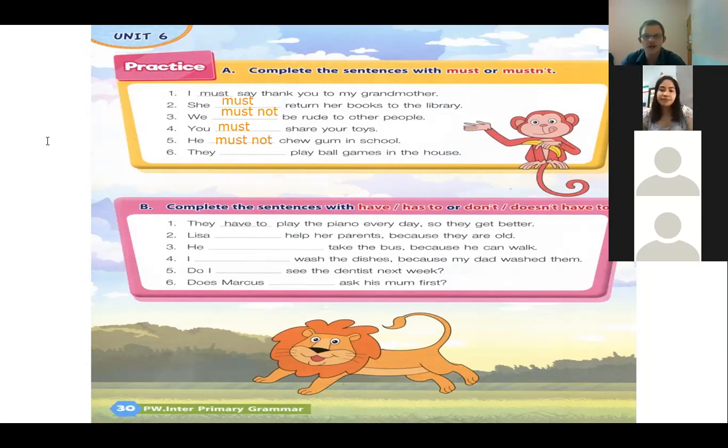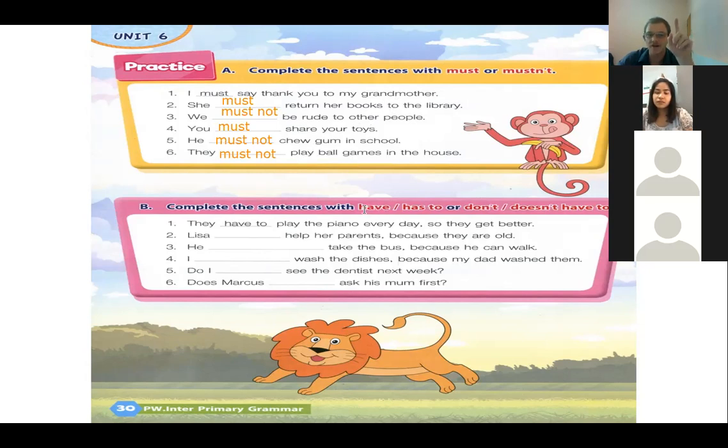It's better to play ball games outside because inside we can break things. Outside, it's less easy to break glasses and windows and all these different breakable objects. So this one, they must not play ball games in the house. Yes, very good. That's the basic use of must and must not.